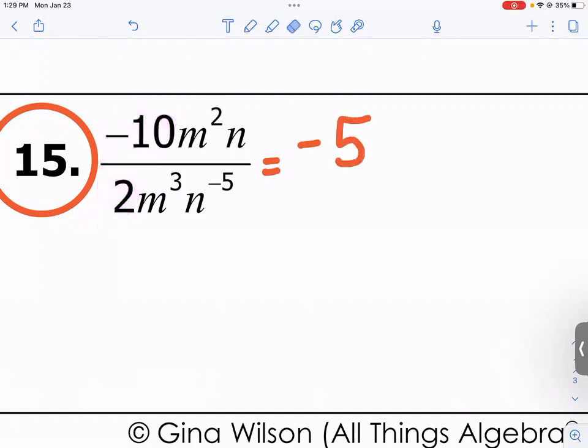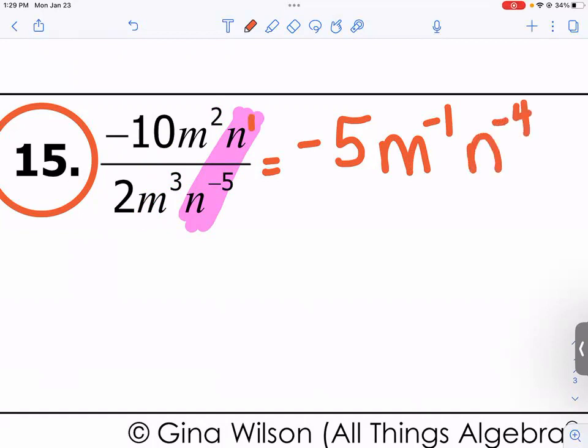I even heard them say, when we're dividing, we need to subtract our exponent. Well, what's 2 minus 3? -1. Okay, and then you did that here. You said, we need to subtract our exponents. And we have 1 minus -5. Oh, -4. -4 is good. Okay.